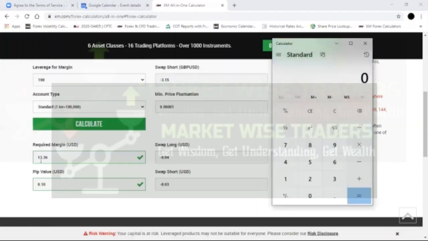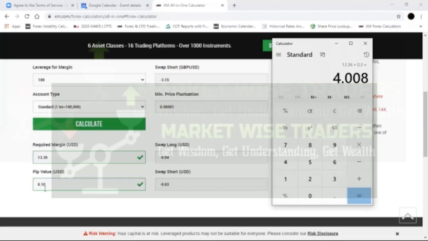Because remember I said once your margin is below 70%, let's just say that we have $13.36. If I want 30% of this, times 0.3, that's $4.